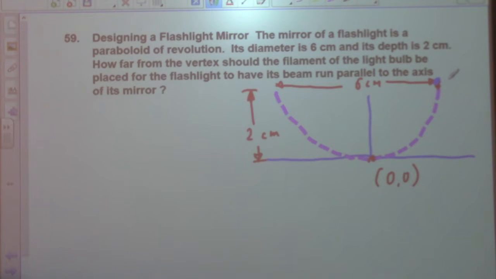So what's going to be the coordinate pair for this point up here on this edge? 3, 2, because it's 6 across.